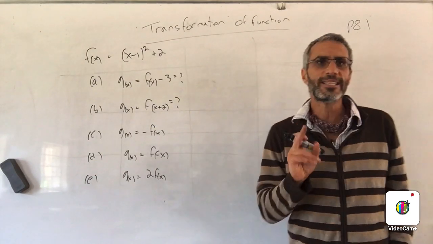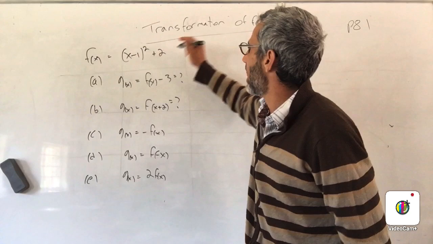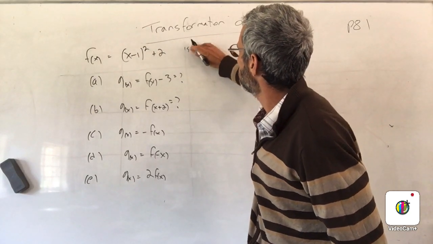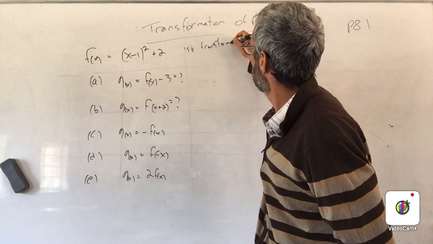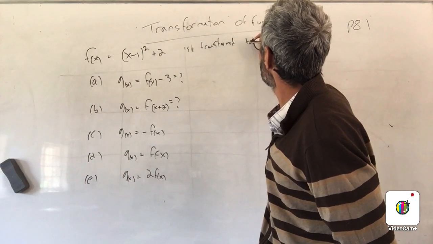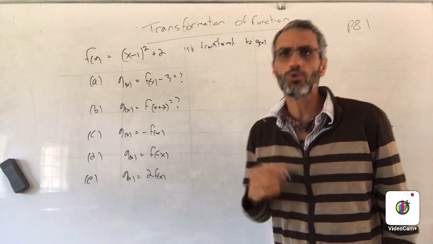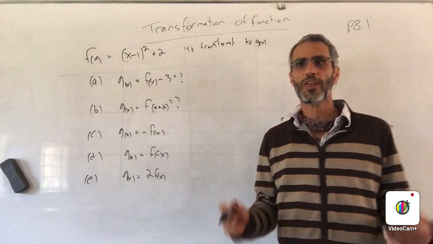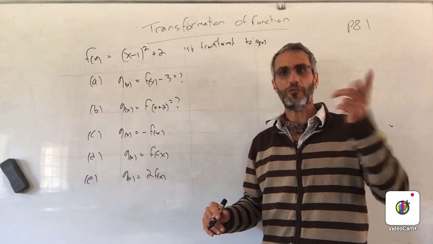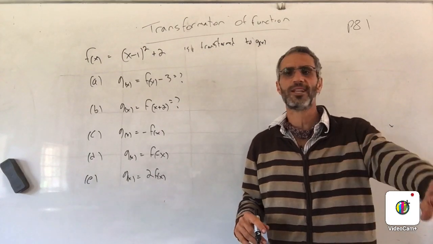Now they're telling you, look, this f is transformed to g of x. And I'm giving you 5 different rules of transformation. What they're asking us to do is, first of all, to find what g is, and you'll see that's quite easy.